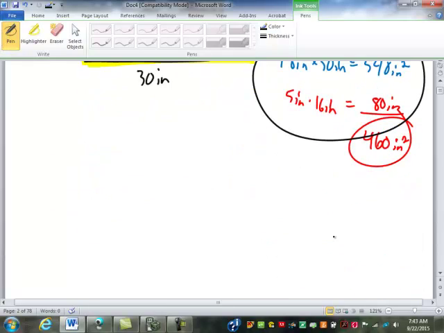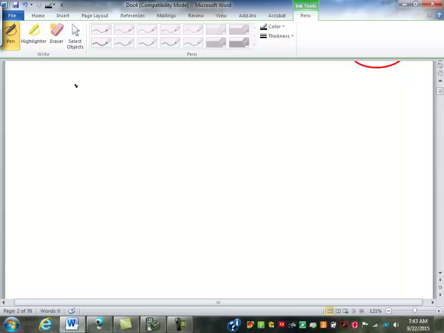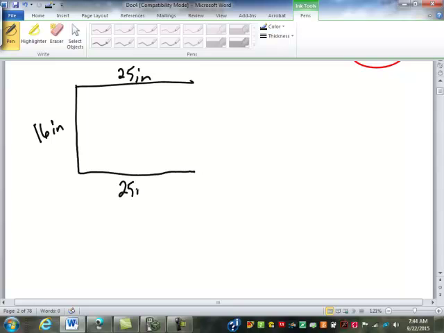For example, pretend it's a half circle cut out of there.